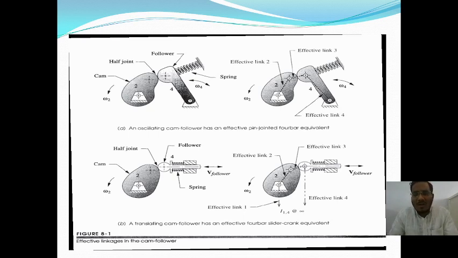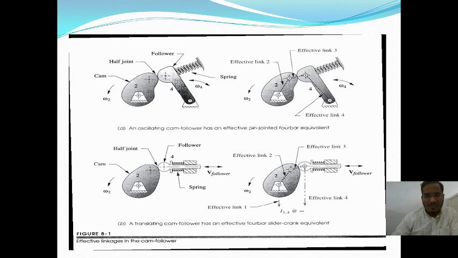These are all oscillating followers. You can see here, this is your follower. The follower moves like this, up and down here. It is also like this, up and down here, vertically or horizontally. So these are the four figures where the followers are moving in oscillation motion, vertically or horizontally.